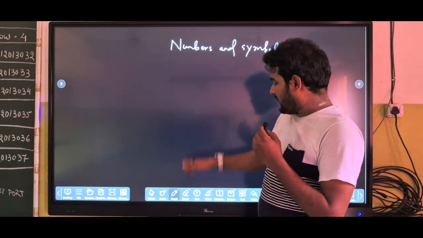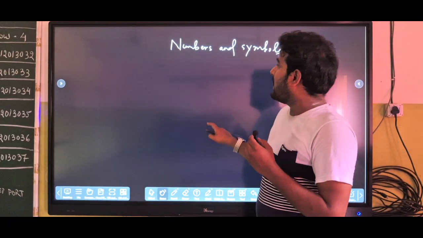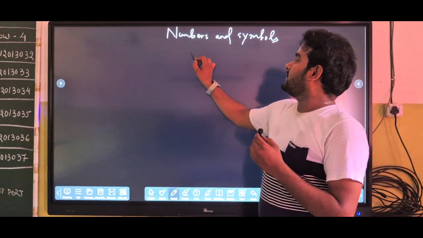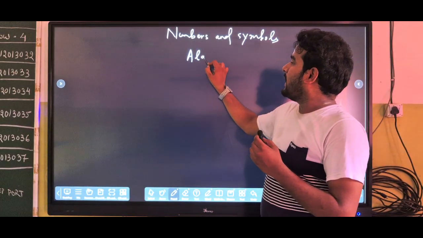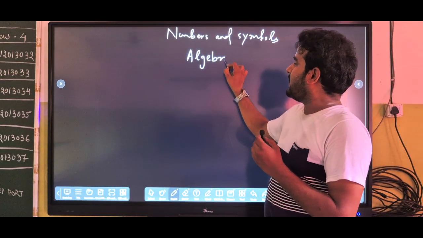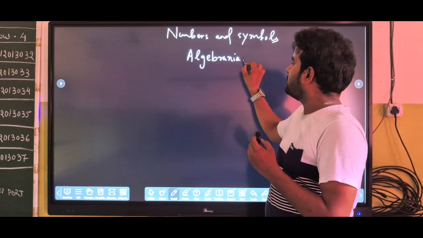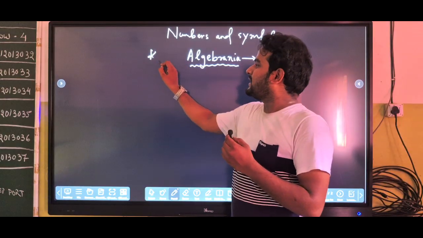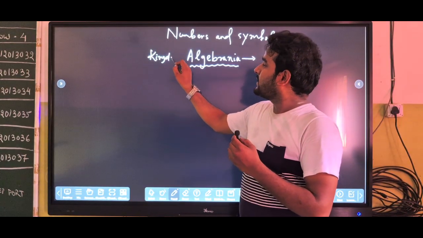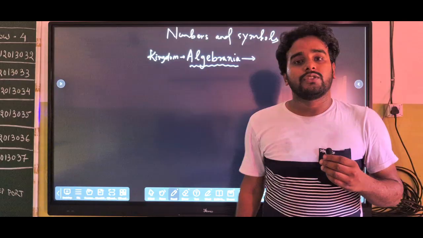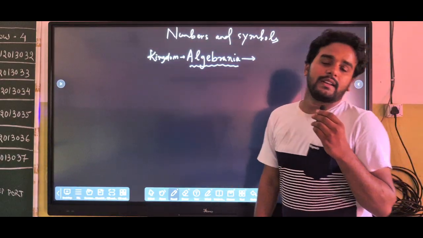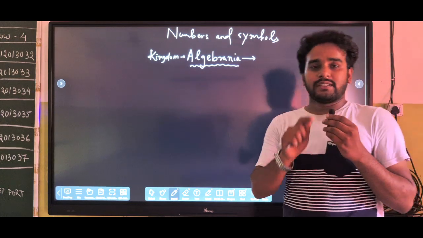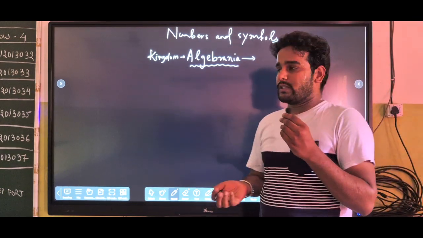So this land was ruled by, let me tell you the name of the land. That name is Algebrania. I have just given certain names to them. The kingdom name is Algebrania. And it was ruled by a special magician who was the queen.